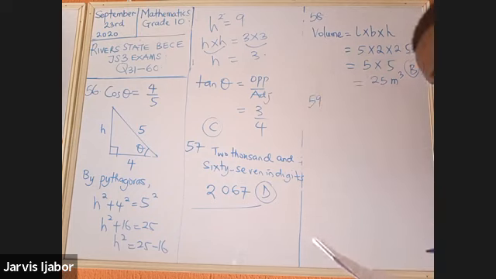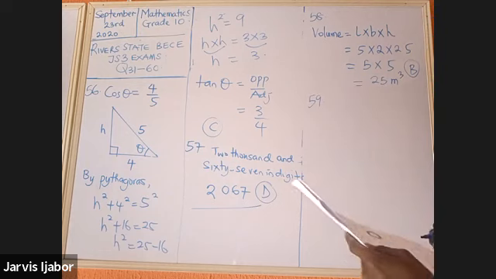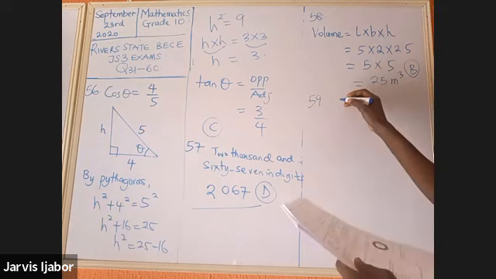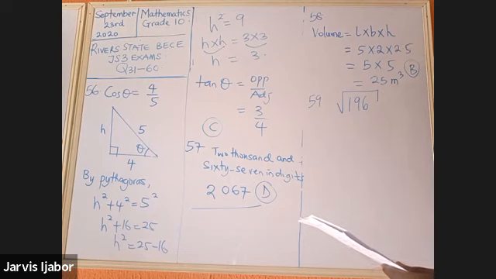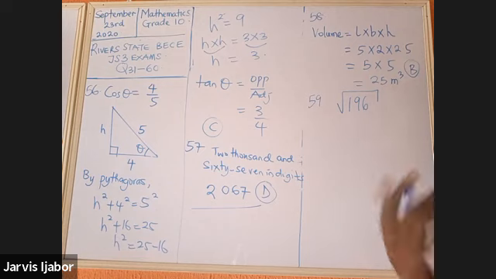So what about 59? Find by factors the square root of 196. Because it's an OBJ question, I always advise my students to know perfect squares of numbers from 1 to about 25.